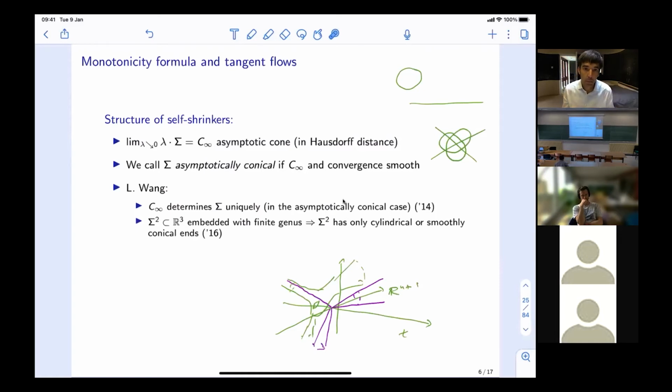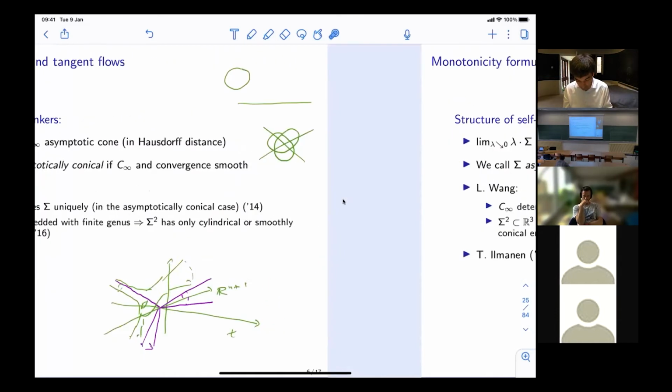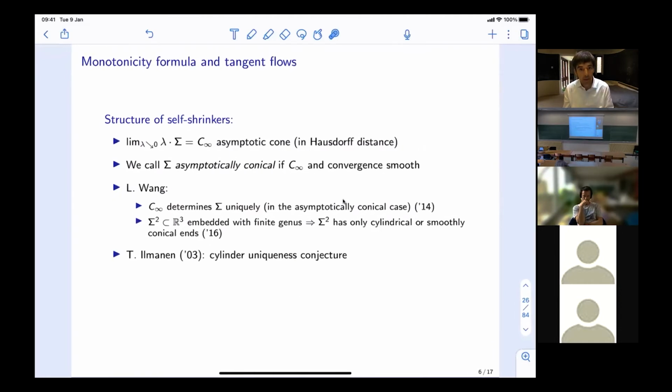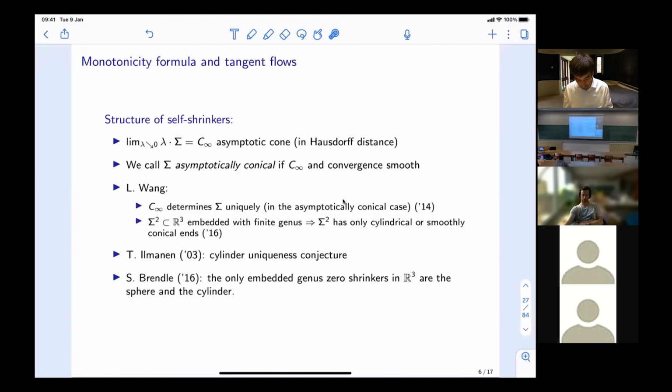So the asymptotics there are much, much harder. Several people have tried. Lu has a result with very strong asymptotics, but it seems to be a very hard result to prove. But it's conjectured that you can't have cylindrical ends if you embed it in dimension 2, if you're not only the cylinder.